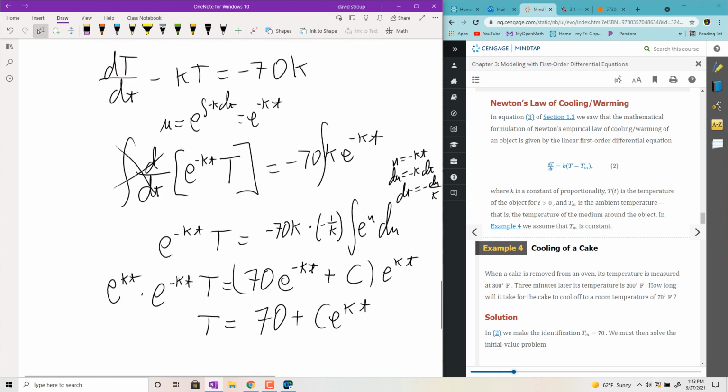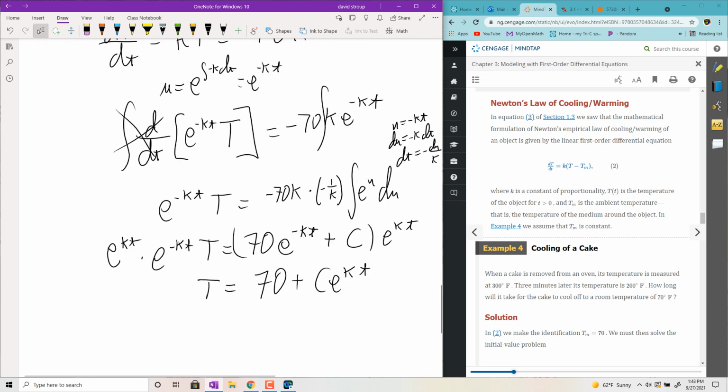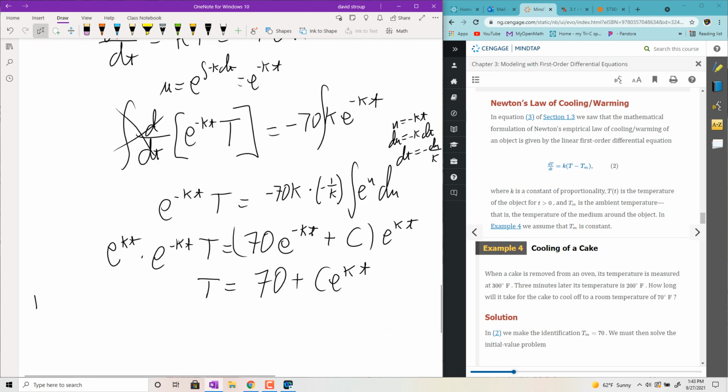Now we're going to use the initial values to solve for the constants. There's a C and a k there. So again, T of 0 is 300, and T of 3 is 200. For T of 0 first, 300 equals 70 plus C e to the 0.